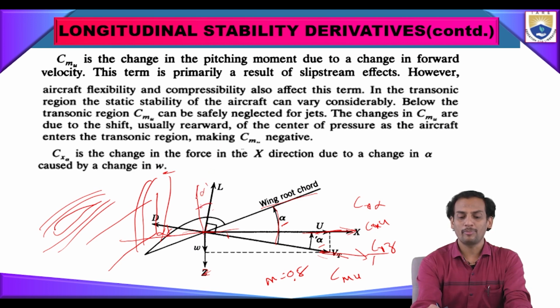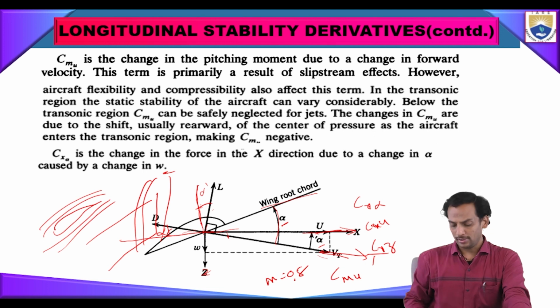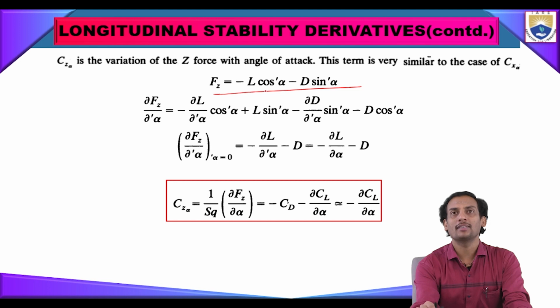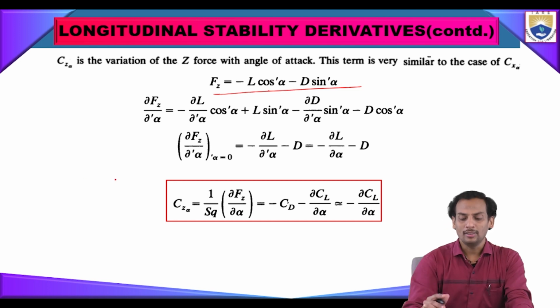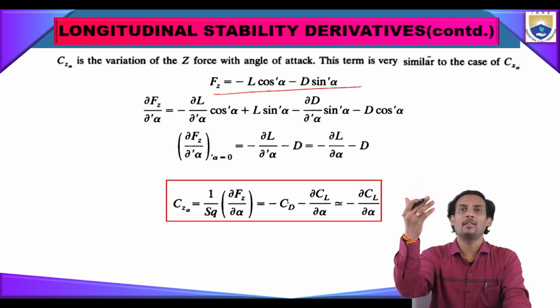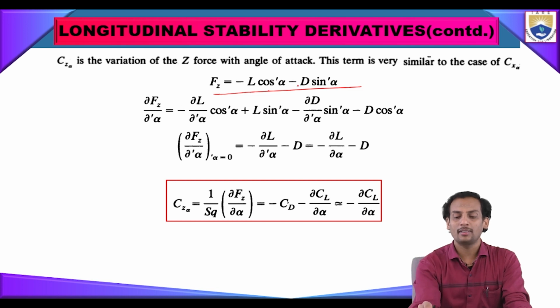So this component will be L cos alpha, in the reverse direction. So minus L cos alpha minus D sin alpha, because sin alpha is in this direction, and the drag force component is also in the same direction.